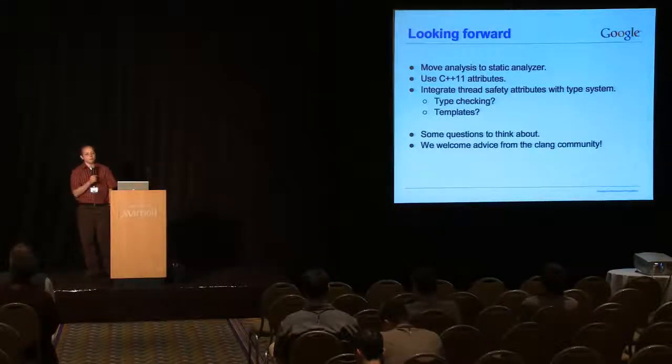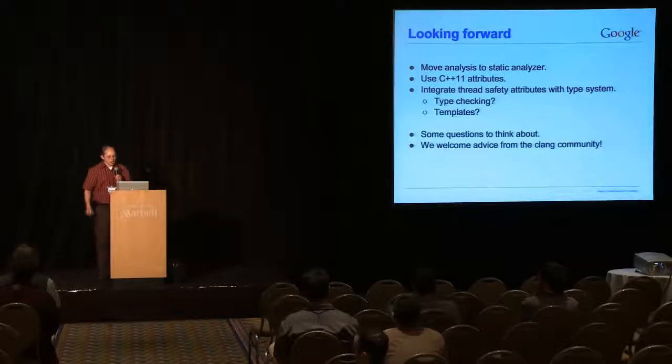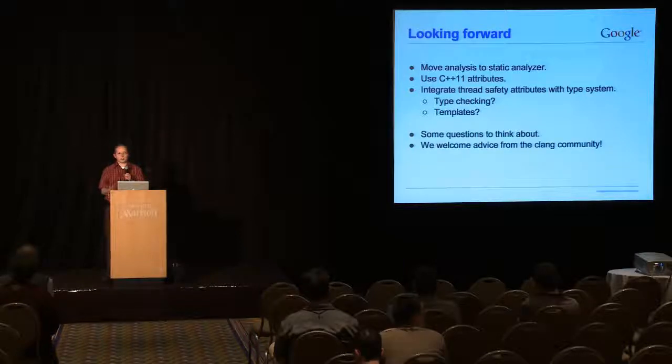We'd like to move away from using GCC attributes and switch to C++11 attributes. And we'd like to better integrate the thread safety attributes with the type system, which introduces type checking and template problems. These are questions I'd like to think about, so if anybody wants to contact me later or has good advice for me, I would love to hear from you.